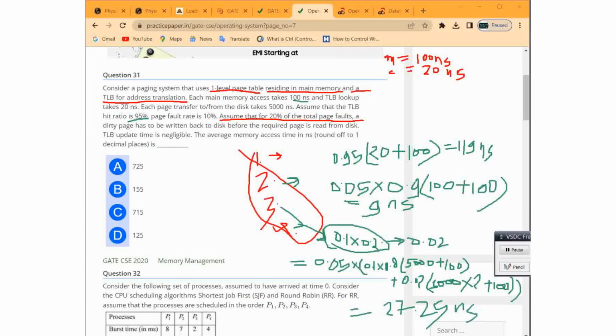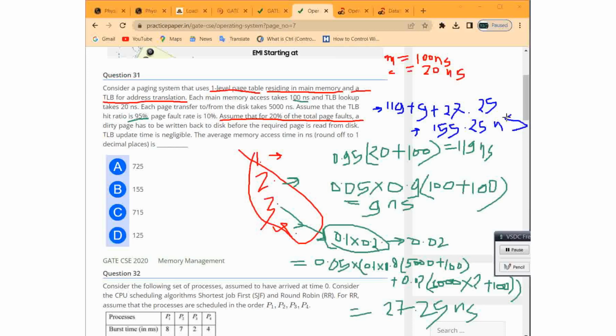Hence, the total contribution to the average memory access time from all the cases will be 119 plus 9 plus 27.25, which will be equal to 155.25 nanoseconds.